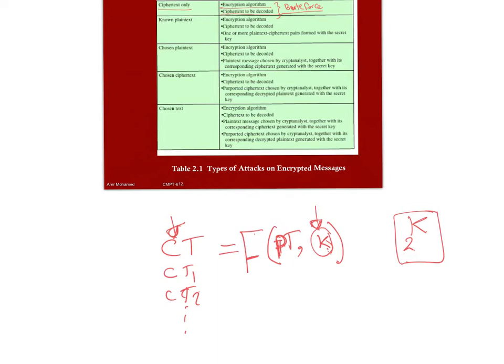So this is the maximum number of combinations, assuming I'm not performing any level of intelligence, and I do the different combinations blindly. The maximum number of combinations is 2 to the power k. However, in many cases, because guessing the key is actually a random process, the key is for us a random variable.